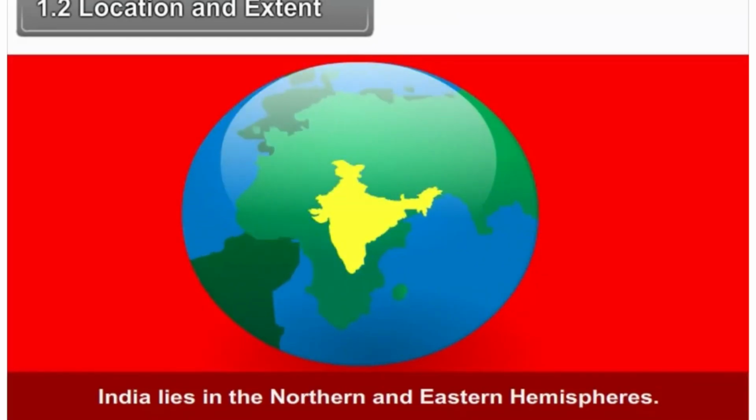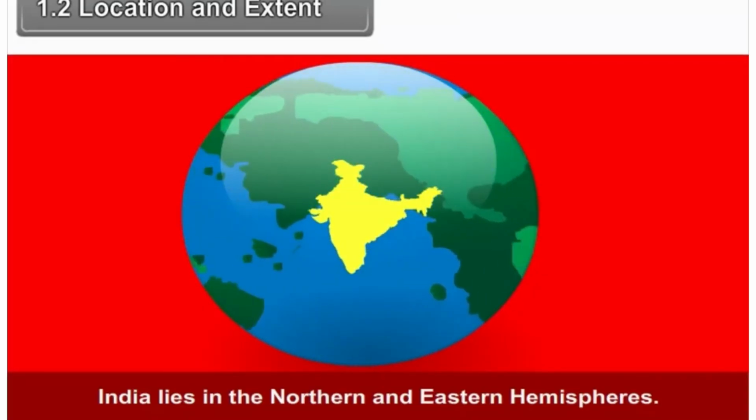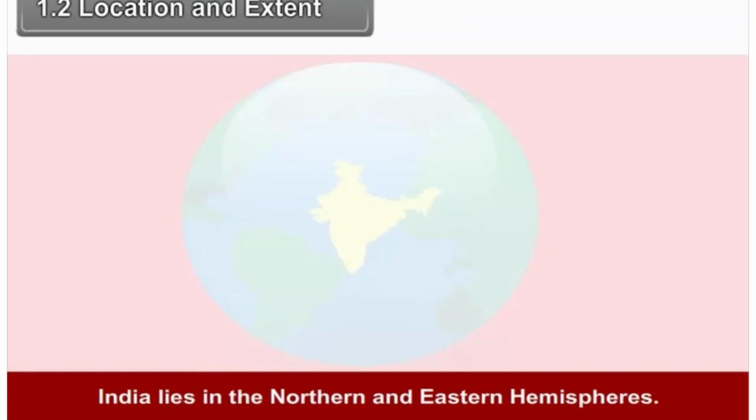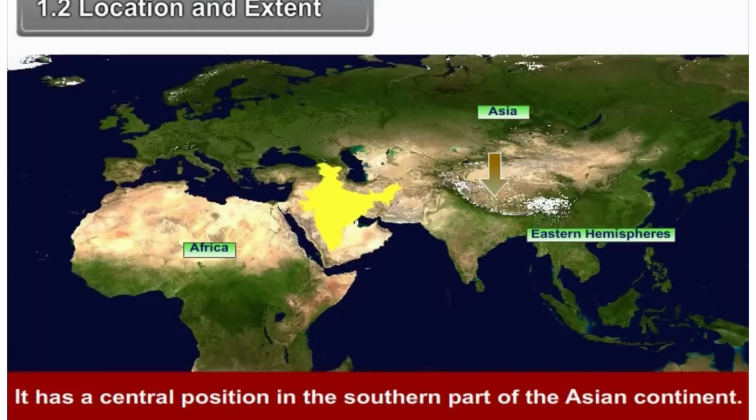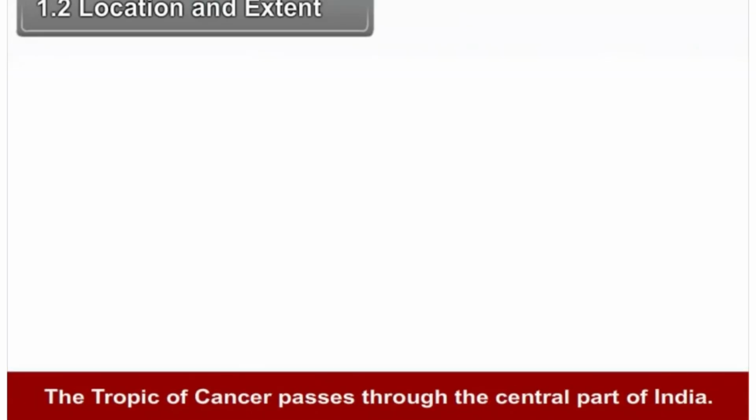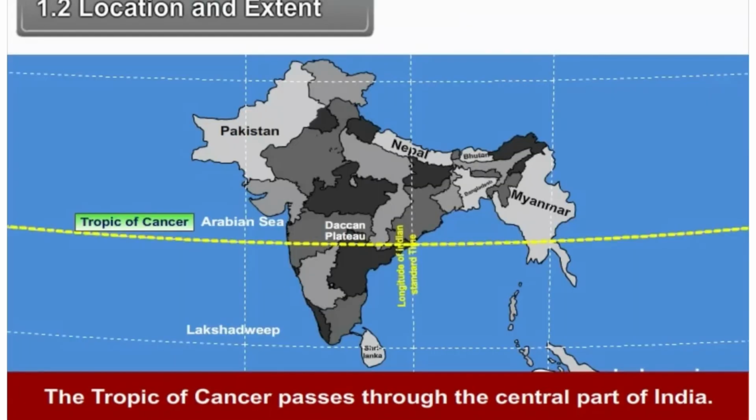1.2 Location and Extent. India lies in the northern and eastern hemispheres. It has a central position in the southern part of the ancient continent. The Tropic of Cancer passes through the central part of India.